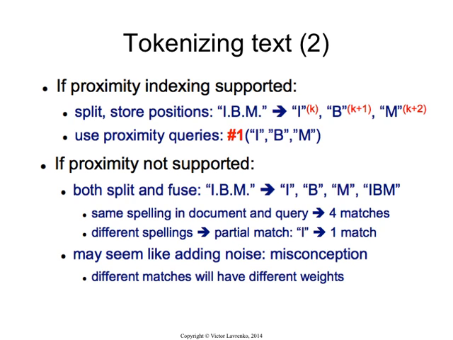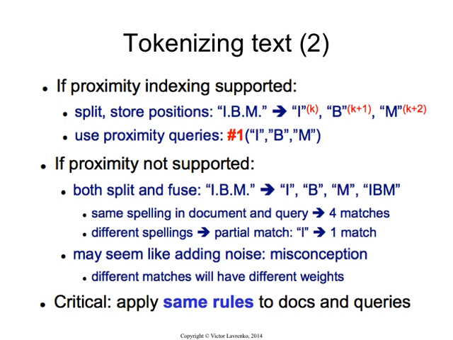It looks like you're taking something well-formed and doing all sorts of things and throwing the results into one big bag. It's a misconception, and we'll see this many times in this course. You shouldn't be afraid to introduce noise in the data as long as you have appropriate weighting schemes and appropriate similarity functions that can take care of that noise. So doing that is actually a pretty good idea.